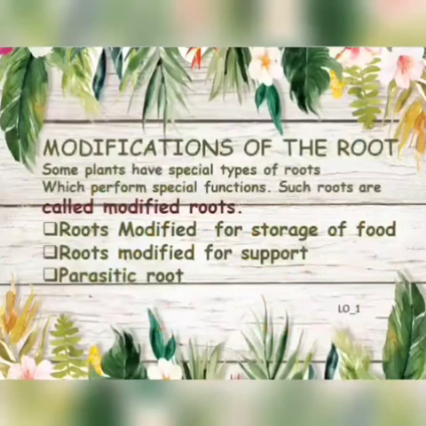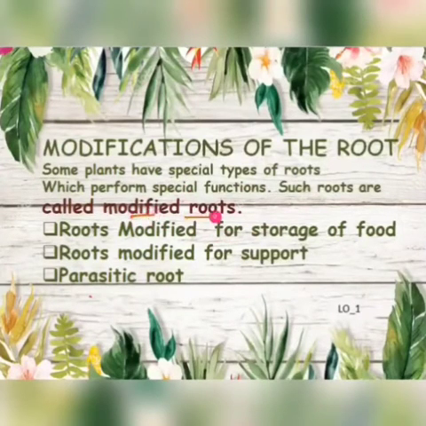So let's begin with the modifications of the root. Here we are going to discuss what modified roots are. The definition of modified roots: some plants have a special type of roots, and these special roots perform special functions. Such roots which perform special functions are called modified roots.